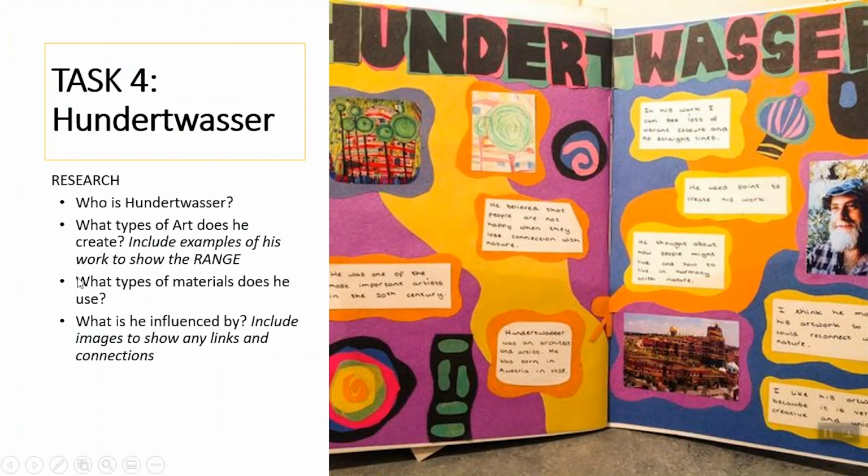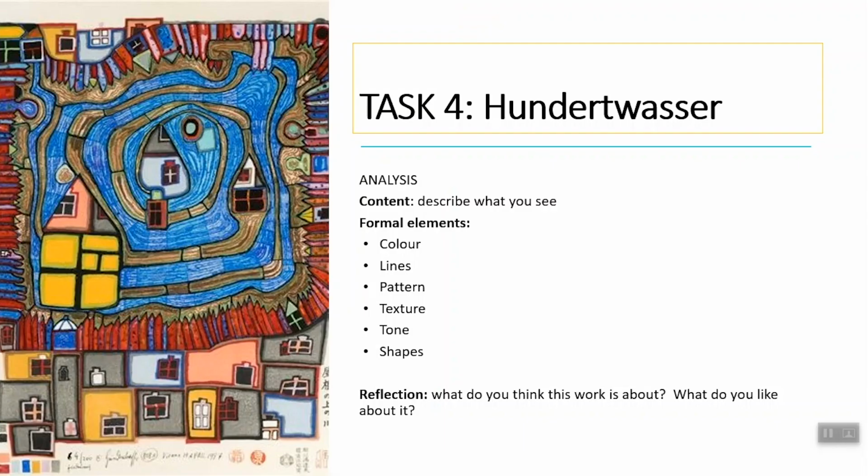And this is that starting point where you've looked at the range of the artist's work and collected those images. Having collected those images, you've hopefully then selected one that you've really liked, and then you've gone into more detail talking about the formal elements and all those different bits and pieces, using that subject specific language, which we do all the way from year 7 through to post 16.